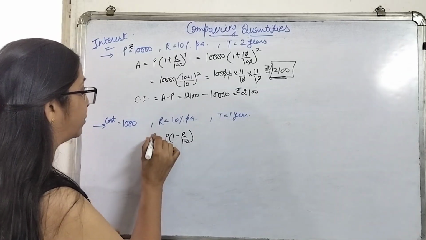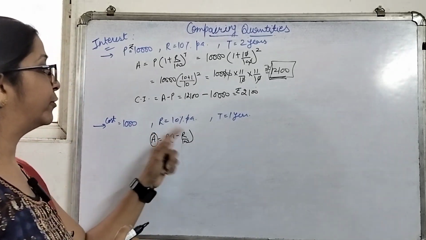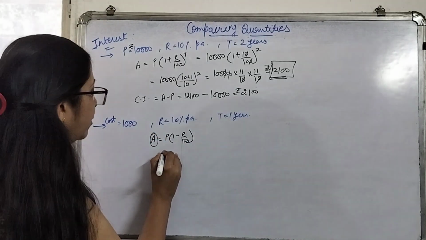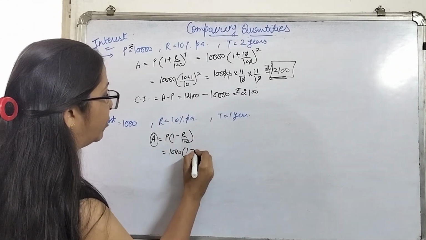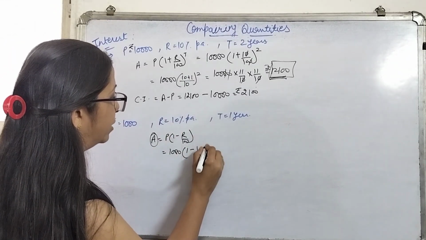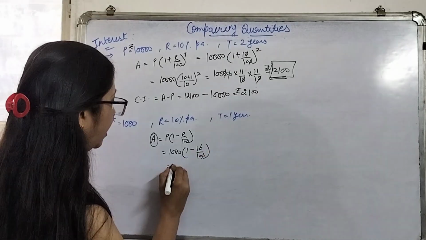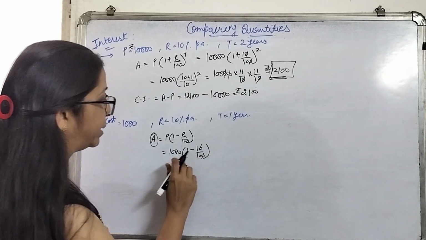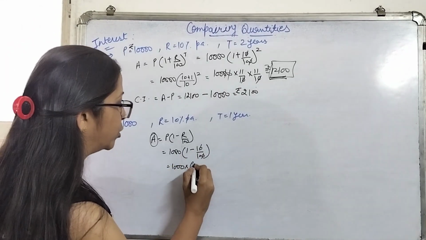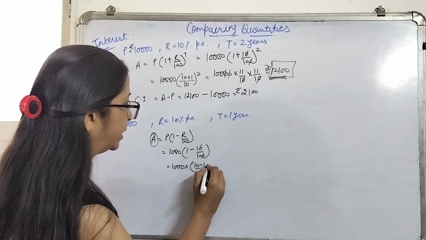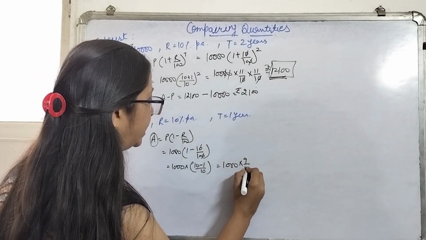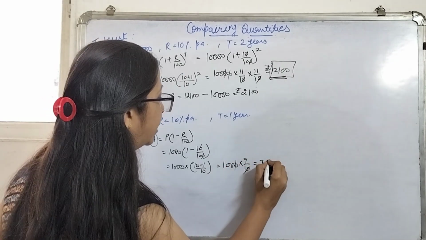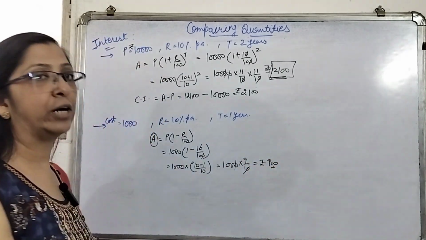So the amount, that means the value after 1 year: right now the value is 1000 rupees. After 1 year it will be 1000 multiplied by 1 minus 10 upon 100, with 10 as the LCM, so 10 minus 1 over 10, that is 1000 multiplied by 9 over 10. We can say 900 will be the value after 1 year.